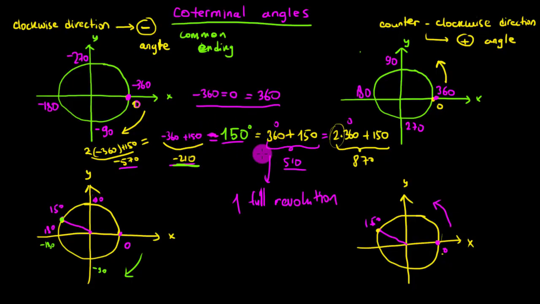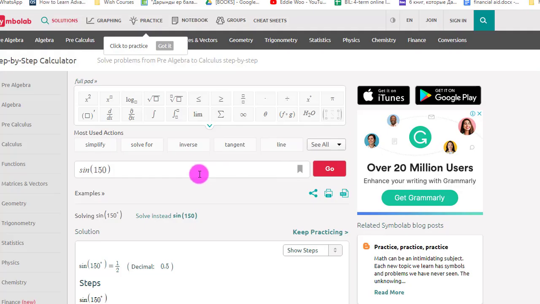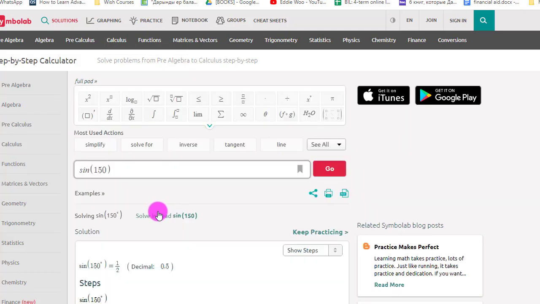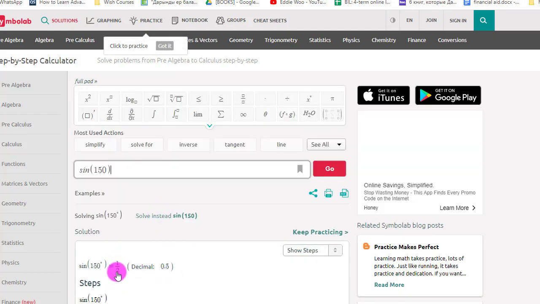Okay, let's verify our statement that all these angles are the same. So for example, if you find the sine of 150, it will be equal to 1/2.